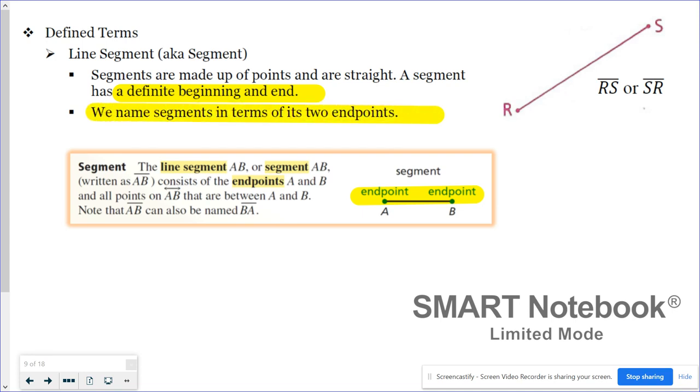So the segment on the right side of the screen, I can call it RS or SR. Notice I am using a mini segment above those two letters to indicate that I'm talking about a segment. Notation is very important in geometry.